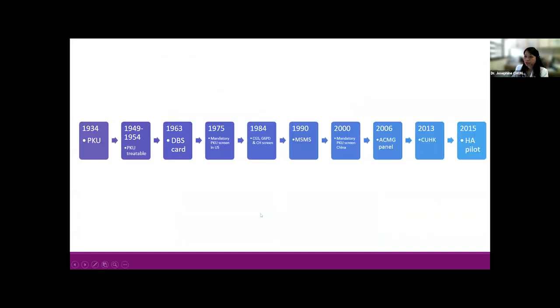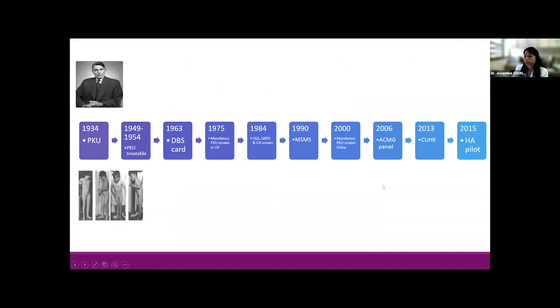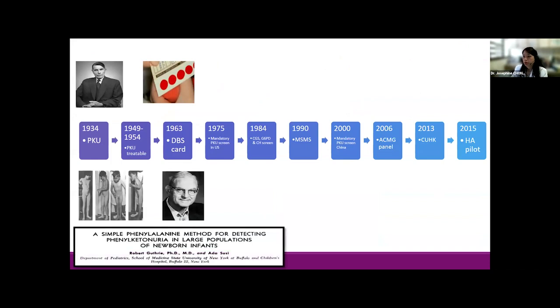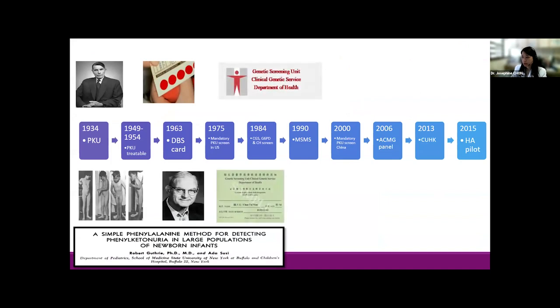This is the evolved history of newborn screening. Back in those days, with the Guthrie card, screening for PKU in the US, and then in the 90s with tandem mass spectrometry, which enhanced the screening panel, more IEM items were added to the screening panel.